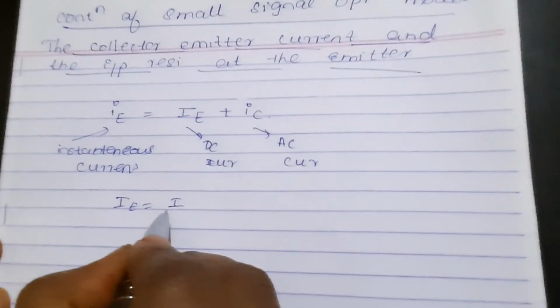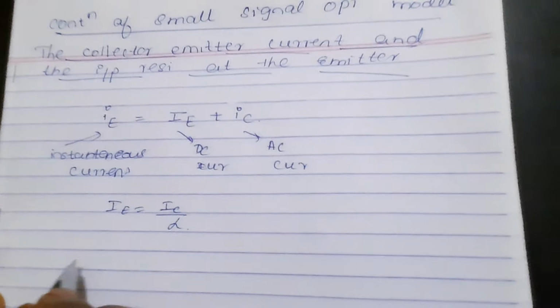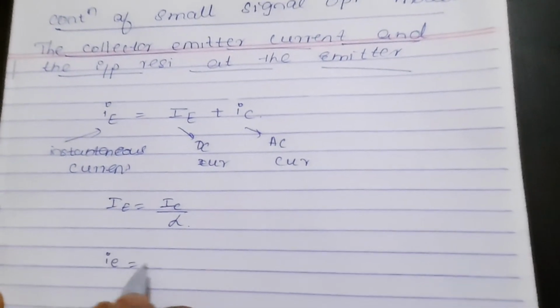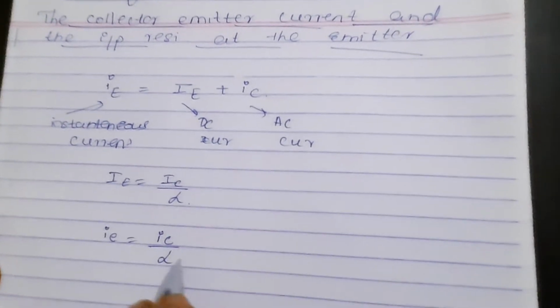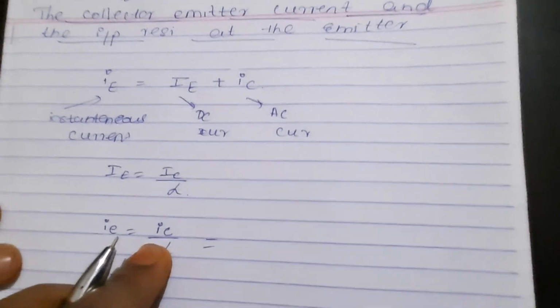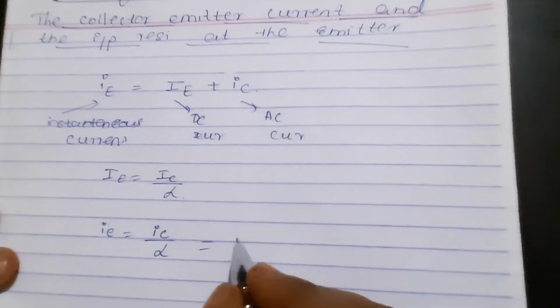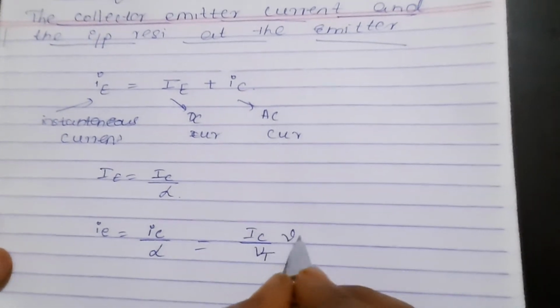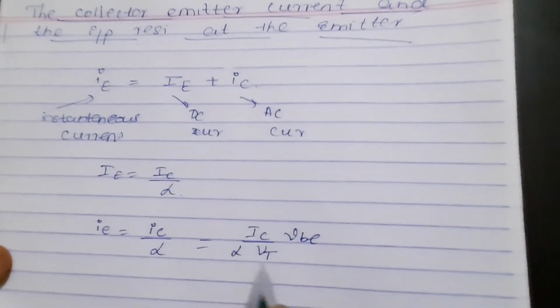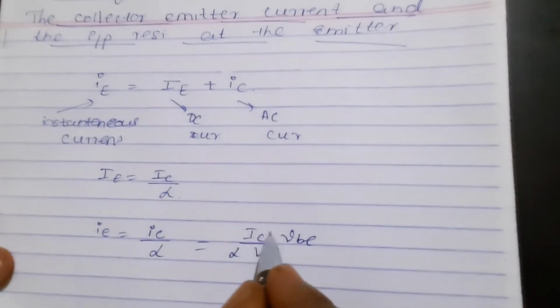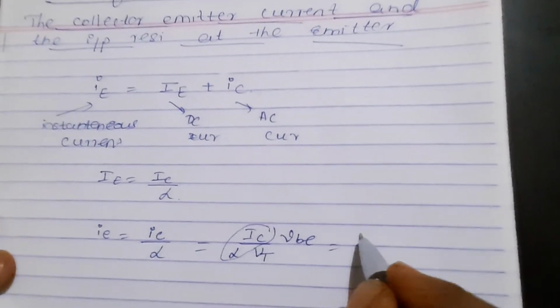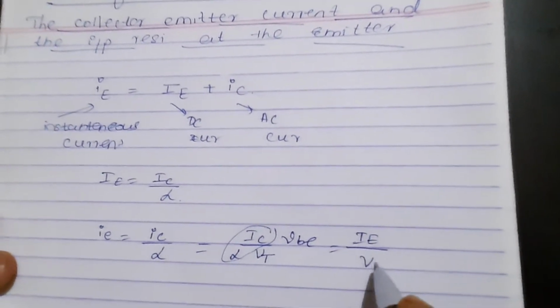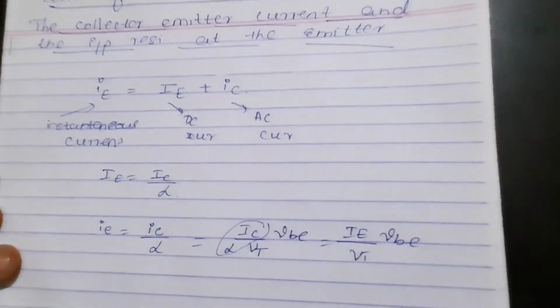And we all know that IE is equal to IC by alpha. Similarly, I can write small ie as ic by alpha. We know the small ic formula is IC divided by VT into vBE. And this alpha will be as it is. Now, this ic by alpha is what? ie. Now, VT as it is, vBE as it is.